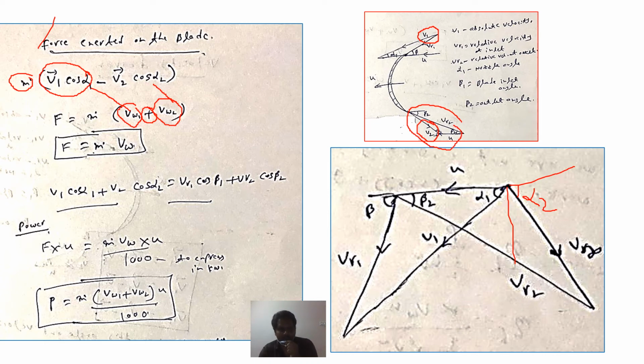Now the total force equals m dot into Vw, where Vw is Vw1 plus Vw2. Again I am repeating: total whirl velocity equals whirl velocity at inlet plus whirl velocity at outlet, Vw1 plus Vw2. From this equation we can find the force exerted on the blade.